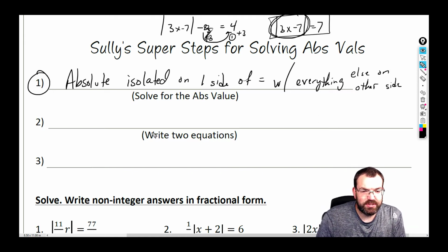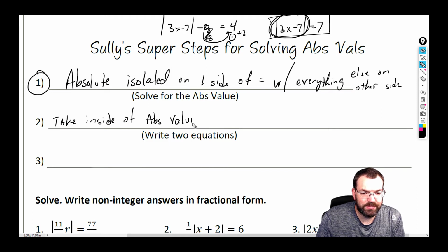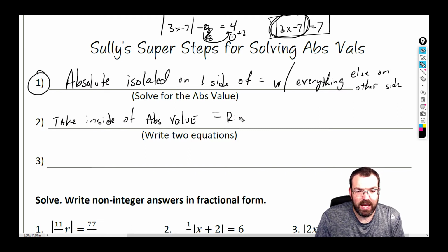The second piece is, once I have it isolated, number 2 is you need to set two equations. So you're going to take the inside of the absolute value, which I'm going to abbreviate as ABS value, and equal it to the right side, and equal it to the negative of the right side.